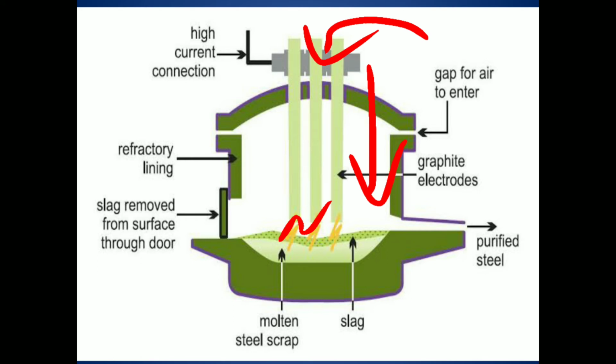The electrode movement is controlled automatically depending upon this arc. When the arc is formed, the movement of the electrode is stopped. When the arc is not forming, the electrodes will move down.